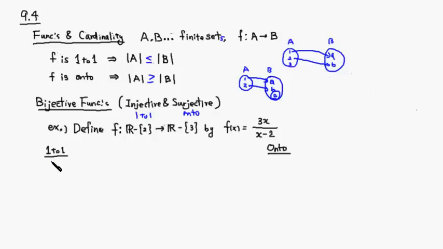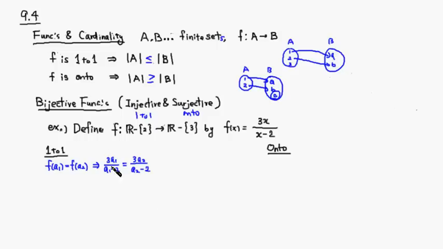Let's start with f of a1 equal to f of a2. This means that 3a1 over a1 minus 2 is equal to 3a2 over a2 minus 2.